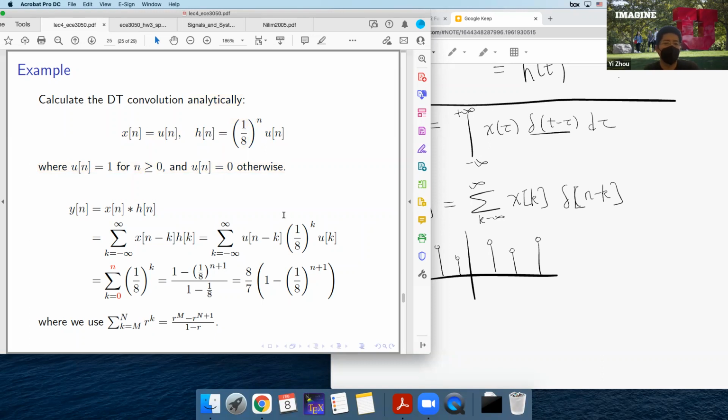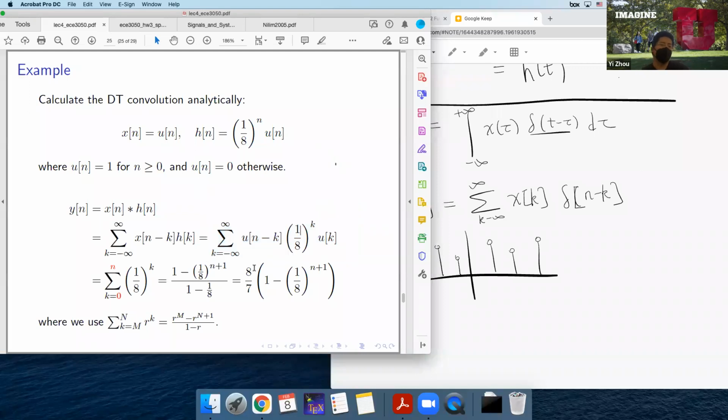So we have this part. And for the x part, it is n minus k, so we need to replace n here by n minus k. That gives us u evaluated at n minus k. Okay, so plug in this x and h, we get this summation.